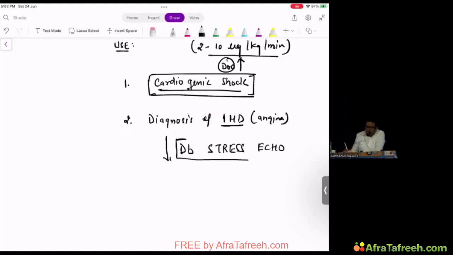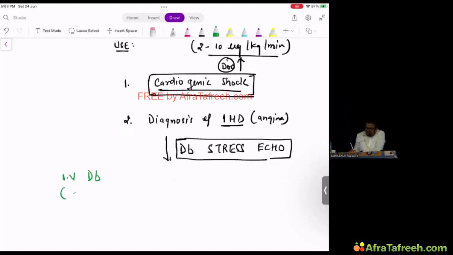A test is performed. What is done in this test? We give IV dobutamine, high dose, 20 to 40 microgram per kg per minute. High dose of dobutamine is given IV. It acts on beta 1.